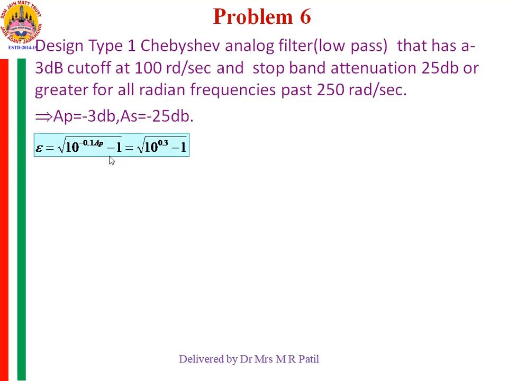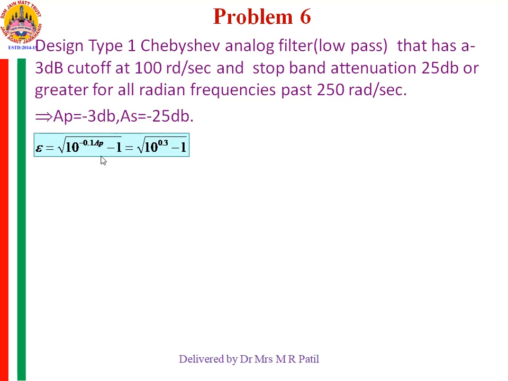Now, these equations for finding epsilon and lambda are the same for the Butterworth filter as well as for the Chebyshev filter. Why is it the same? Because the magnitude square function at omega P is, in both cases, considered as 1 by 1 plus epsilon square, and then if you convert it in decibels the attenuation is AP.